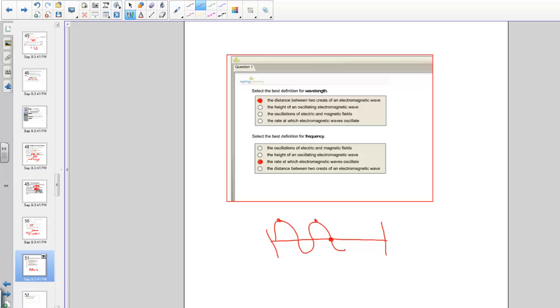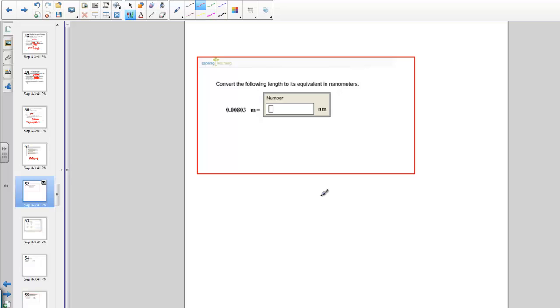There's another word, and it's called amplitude. And amplitude measures, and I'll just maybe draw something here. If I have a high amplitude, I have a wave with a very long distance between the axis and the top of the crest.